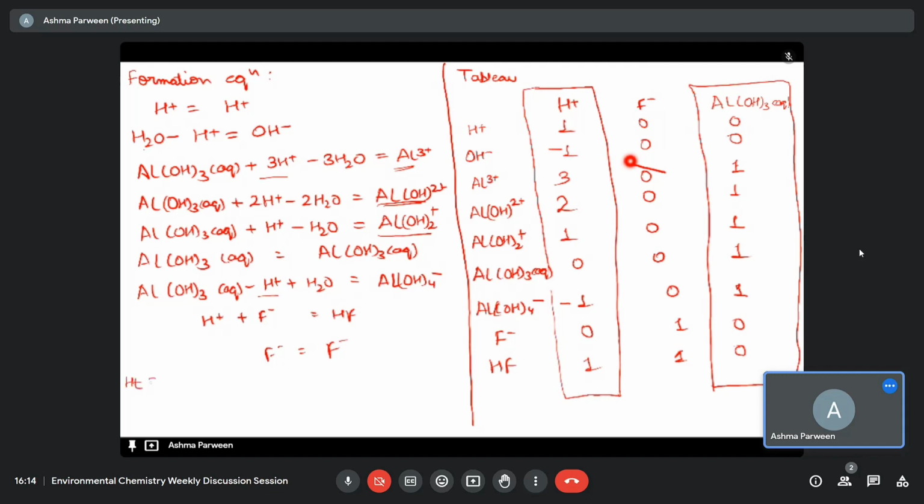H total is H plus, we will write in terms of activity, minus OH minus plus 3 Al3 plus plus 2 AlOH 2 plus plus 1 Al(OH)2 plus.